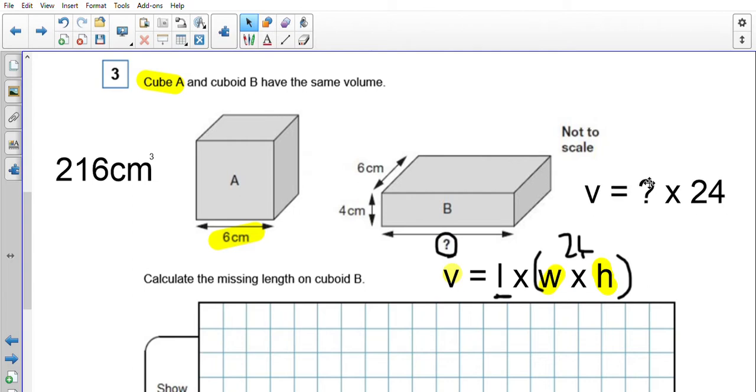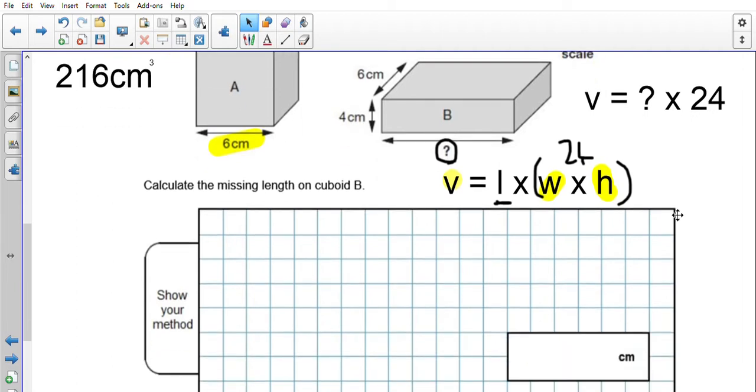I just need to know how many times 24 goes into my volume. So it's 216 divided by 24, or how many times 24 I can get to 216, and you'll get your missing length of 9, because 9 times 24 gets you to 216.